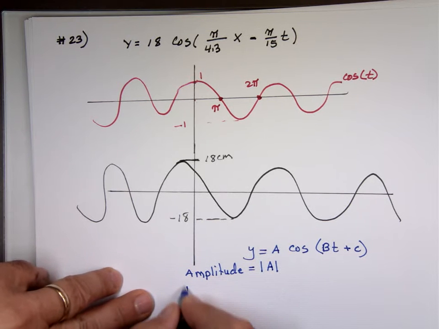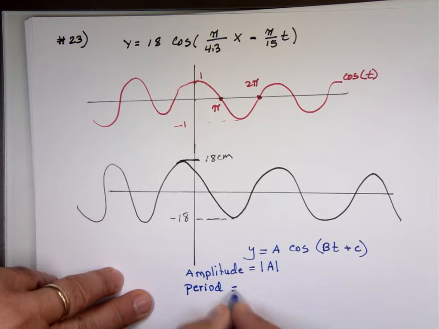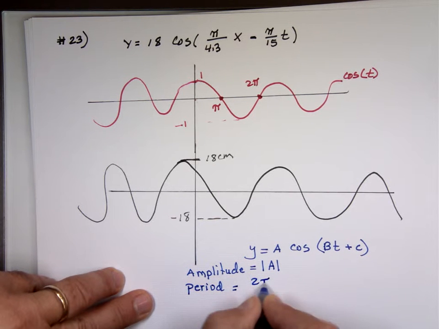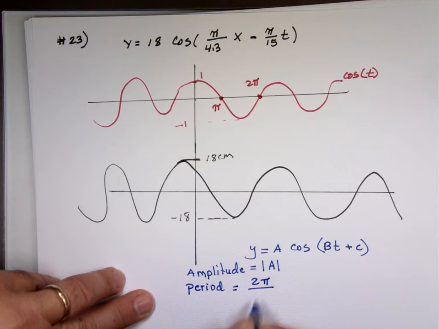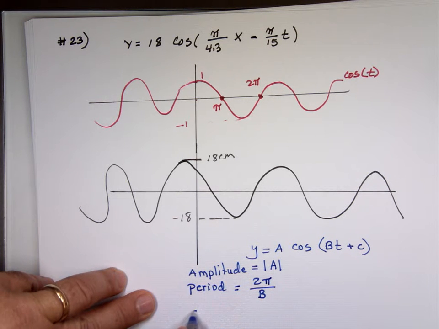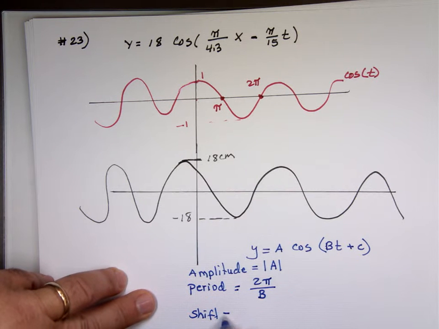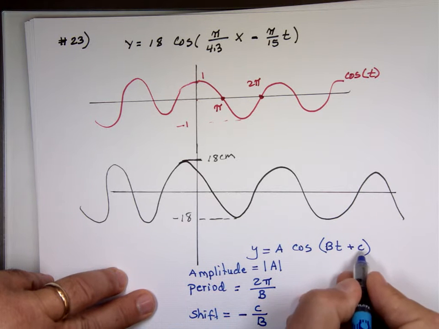The period, how long it takes to complete one full cycle, is always 2 pi divided by that number, B. And the shift, notice this doesn't peak at the 0. It's always minus C over B. Negative this value over that value.